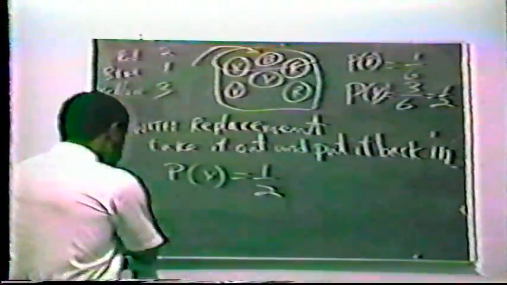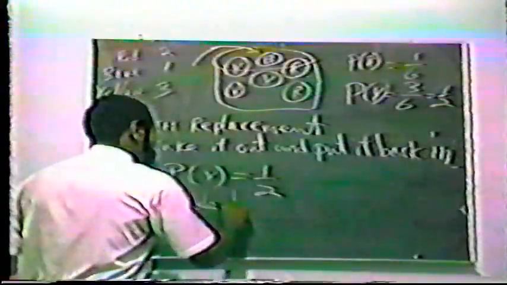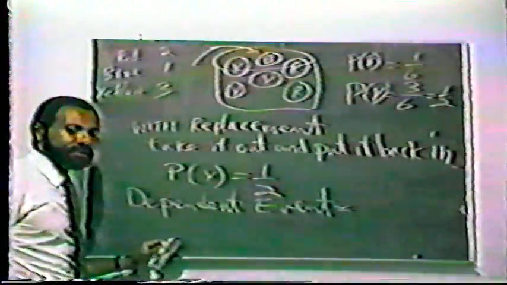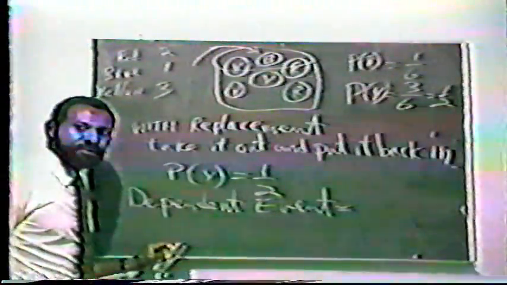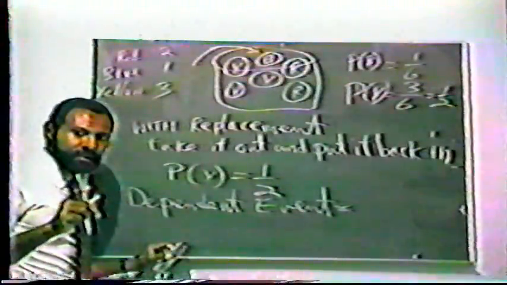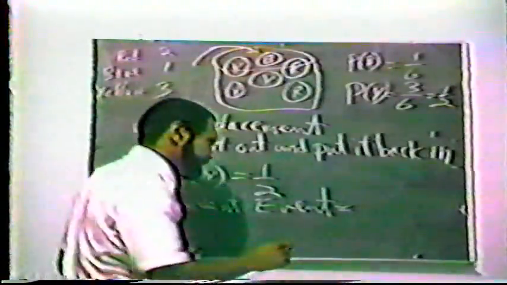Now, for dependent events, the occurrence of one event does affect the probability of the occurrence of the other event.